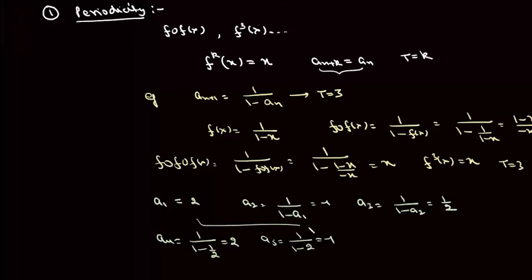So in this sequence, the values are repeated after 3 terms. So what kind of problems you are going to get in rational recurrences is periodic sequences.